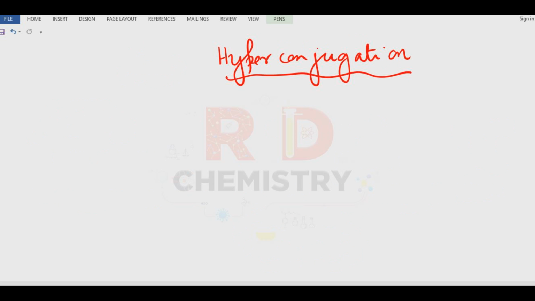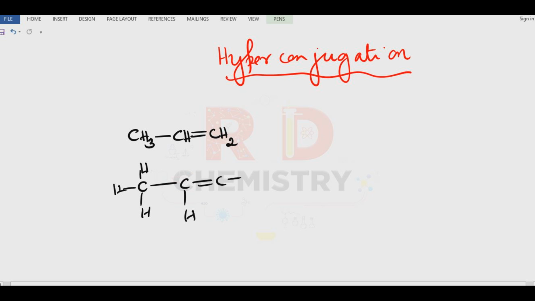Next one, hyperconjugation. In hyperconjugation, alkyl groups generally attach to the carbon-carbon double bond or unsaturated groups. Unsaturated groups like this. Now here the carbon is attached to the hydrogens 1, 2 and 3. Then carbon, hydrogen, then there is a double bond, carbon, hydrogen, hydrogen. In this case, what will happen? The carbon-hydrogen sigma bond is there.